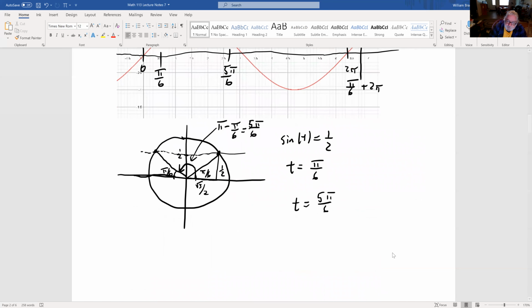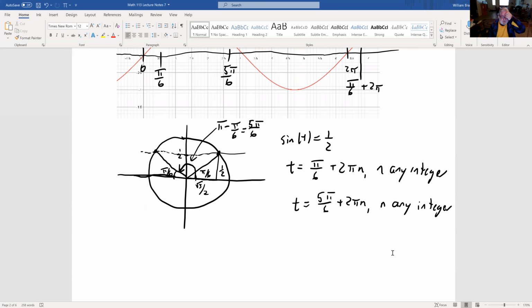So we summarize that by saying that the solutions are pi over 6 plus 2 pi n, where n could be any integer.